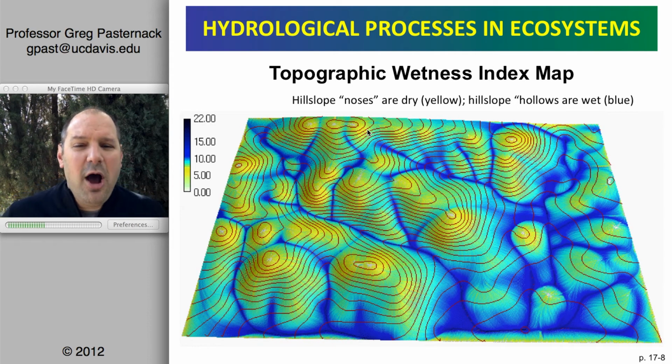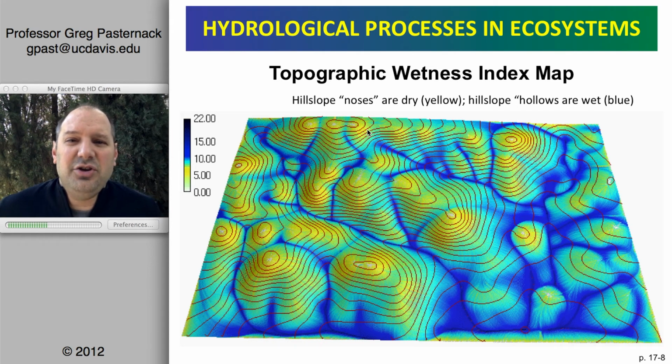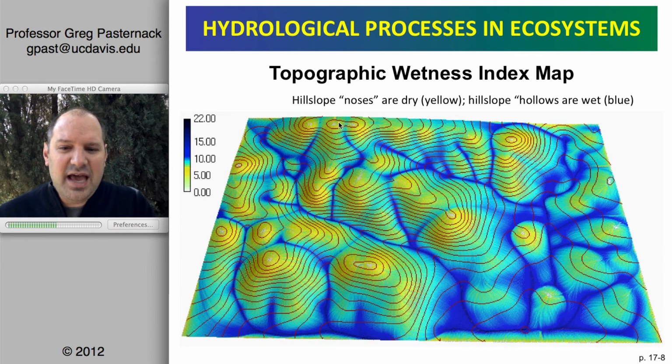This is a map that helps to illustrate the topographic wetness index in relation to the contours of the topography of the land. The places shown here with closed contours are high elevation areas, and over on the right would be the lowest elevation areas. I'm interpreting that from the combination of the colors that represent wetness and the contour lines.